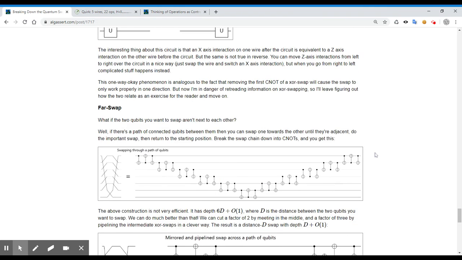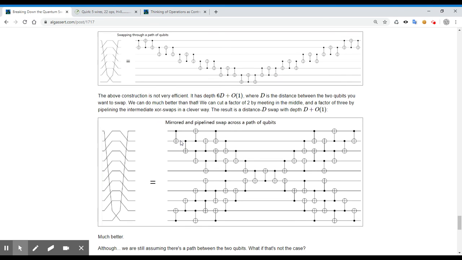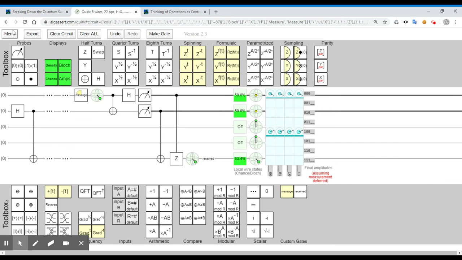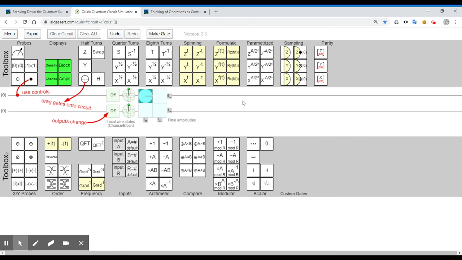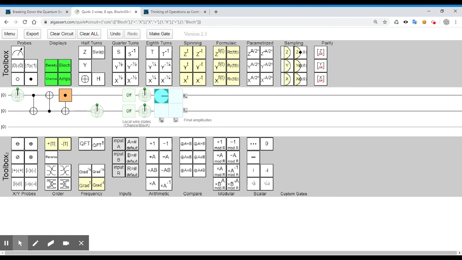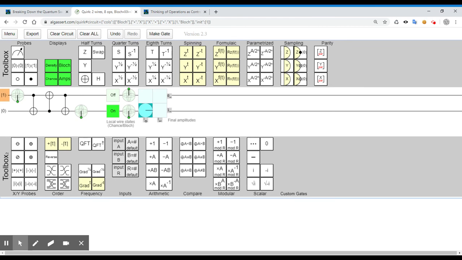Yeah, there's a lot to say. So I wanted to check these here quickly as well. If I clear the circuit, and we've got the Bloch sphere here and the Bloch sphere here, and then we're doing the thing here, that's your swap.